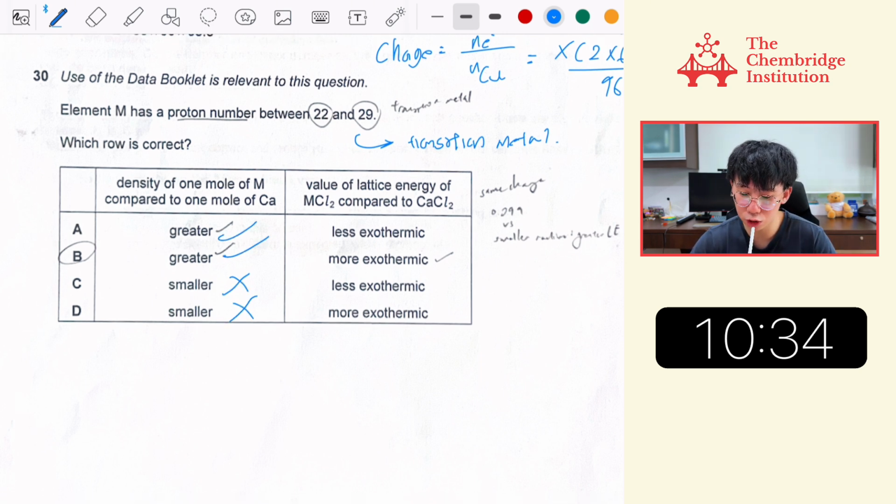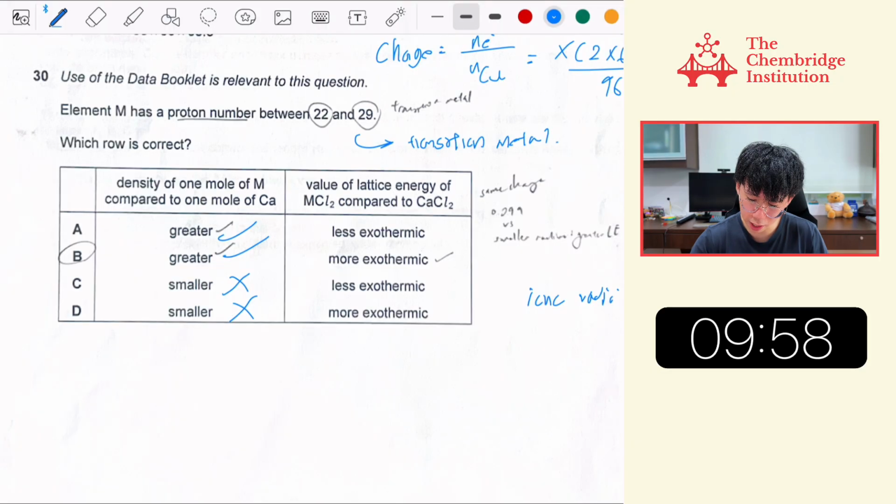And the value of lattice energy of MCl2 compared to CaCl2. This is a transition metal, so I've got to look at the ionic radii. If they have the same charge, you have to look at the ionic radii. Calcium 2+ has an ionic radius of 0.099.